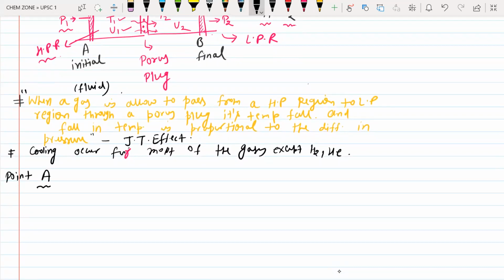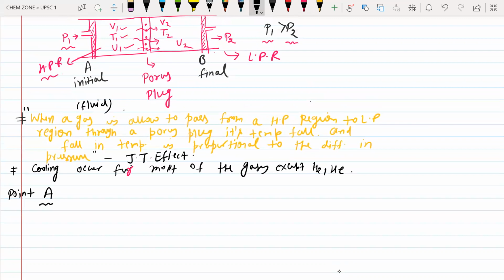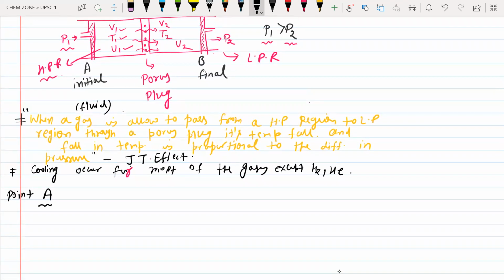What is the work done by the gas on the piston at point A? Let us suppose the work done is W1. That work will be P1 V1, because the volume changes by V1 and the pressure applied on the system is P1.